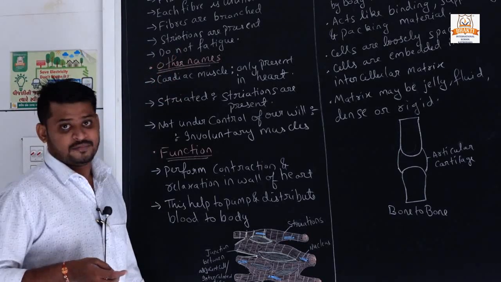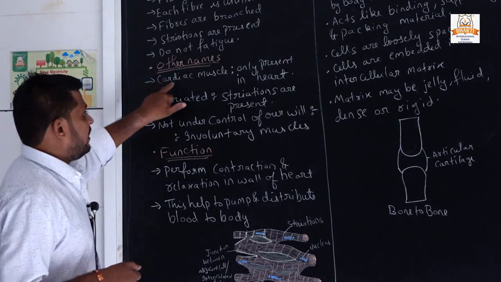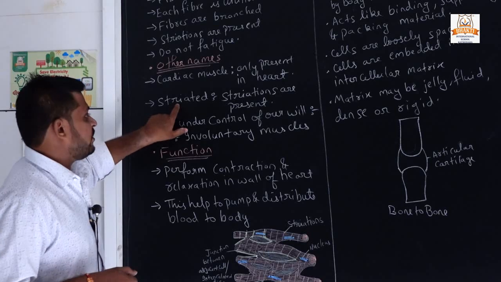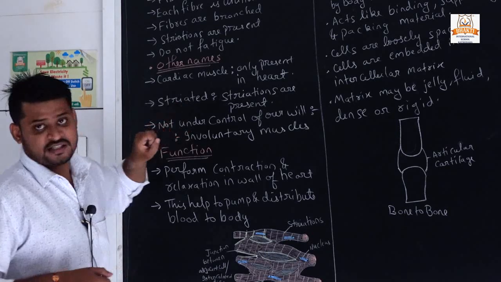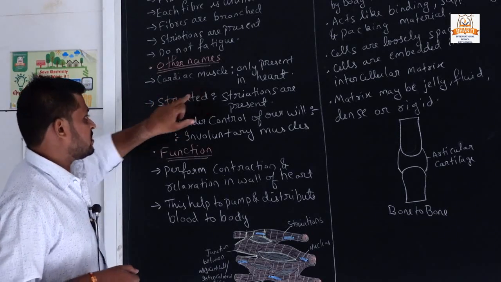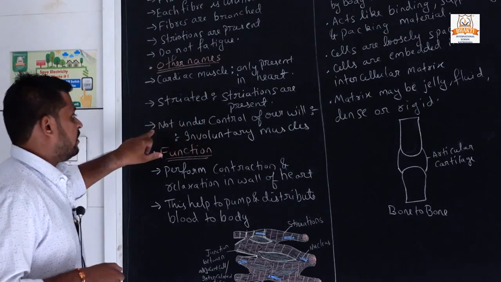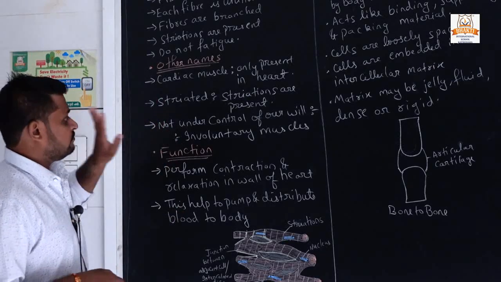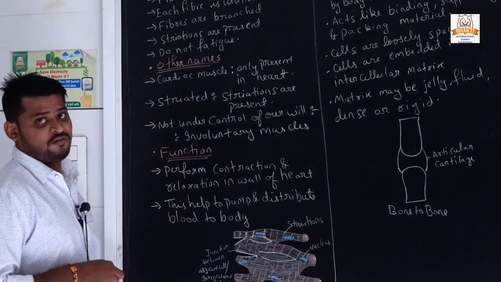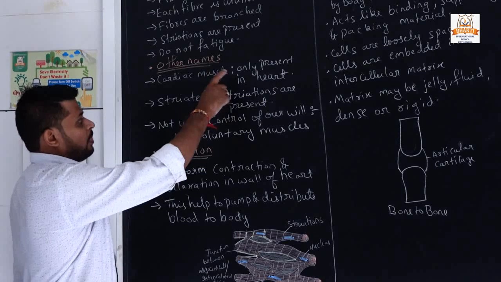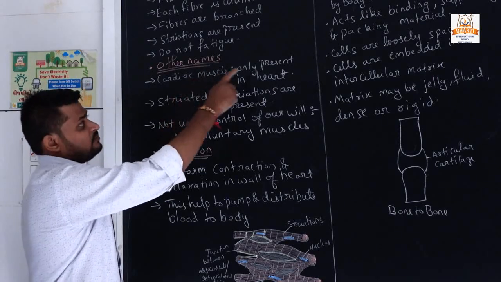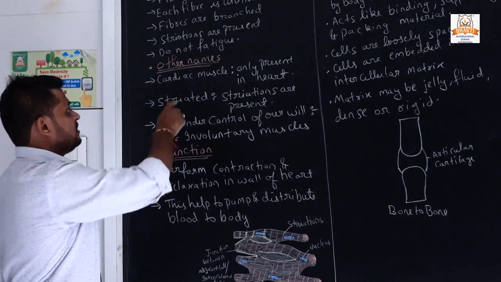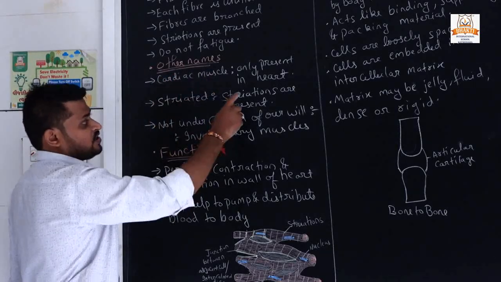Now the other names of cardiac muscle, which is present only in the heart. The first name is cardiac muscle, the second name is striated, and the third name is not under the control of our will. Why cardiac muscle? It is present in the heart, that's why its name is cardiac muscle.